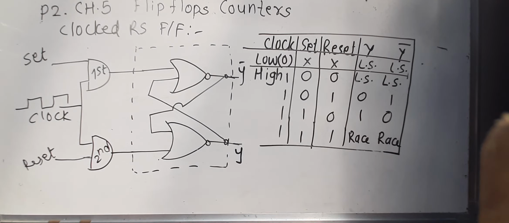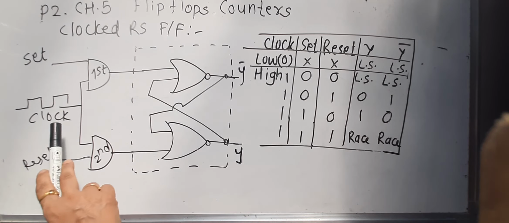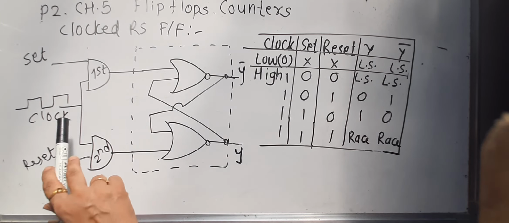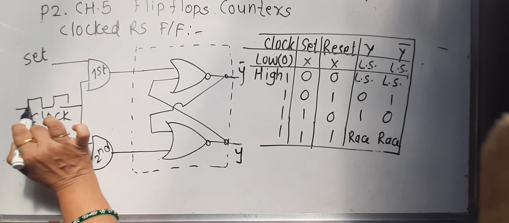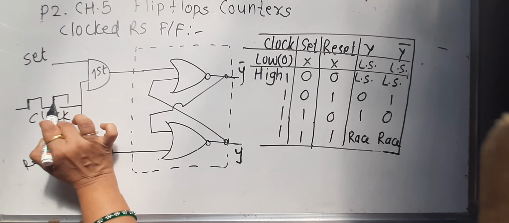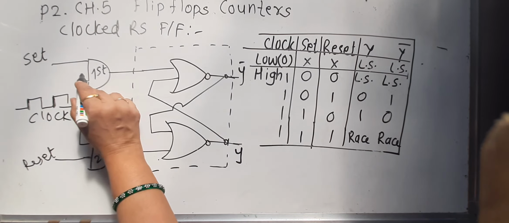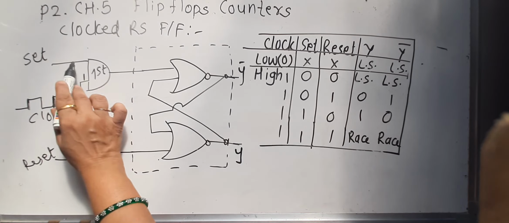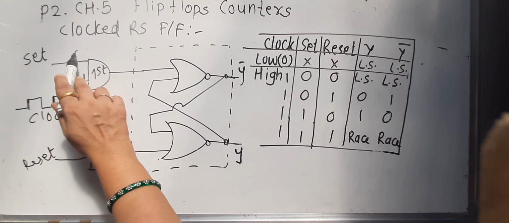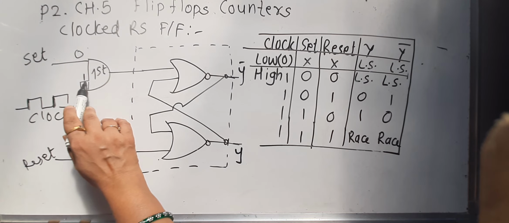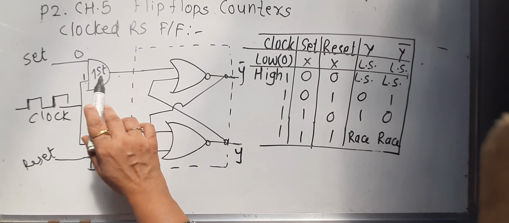Now see how clock is applied. Clock is not directly applied, it is applied through the AND gate. Why AND gate is required? When clock signal is high, here 1, then only the input set and reset will pass through these gates. When set is 0, even though the clock is high, here 0 will pass.